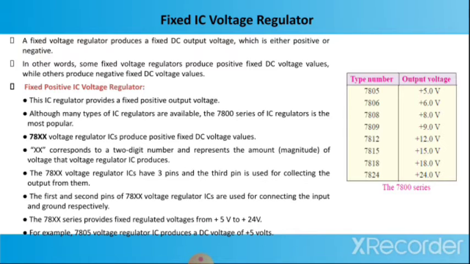So 7805 will produce plus 5 volt output voltage, 7806 will produce plus 6 volt, 7808 will produce plus 8 volt, 7809 will produce plus 9 volt, 7812 will produce plus 12 volt, 7815 will produce plus 15 volt, 7818 will produce plus 18 volt and 7824 will produce plus 24 volt. So for 78XX, wherever the XX terms are there, that amount of voltage it is going to produce.